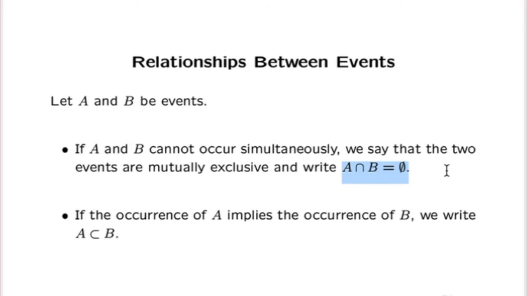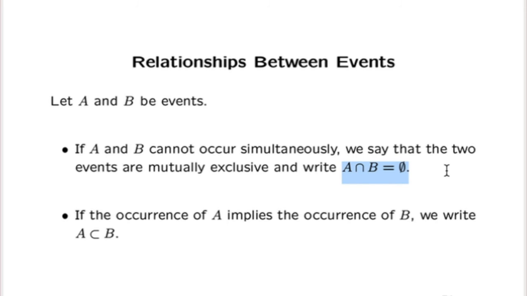Now remember, when we were talking about set theory, we said that two sets were disjoint or mutually exclusive if they had no elements in common. In the context of events, we say that two events are mutually exclusive, or we can also say disjoint, if they have no elementary events in common.